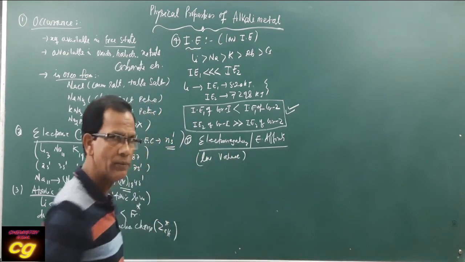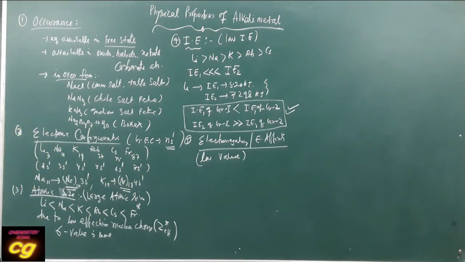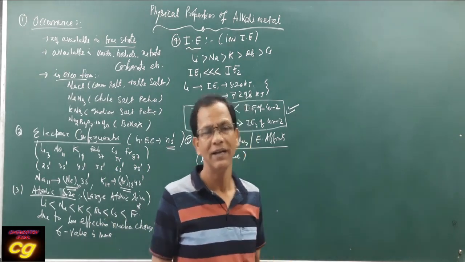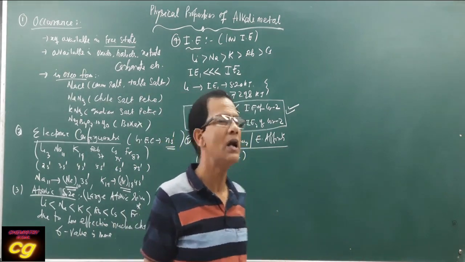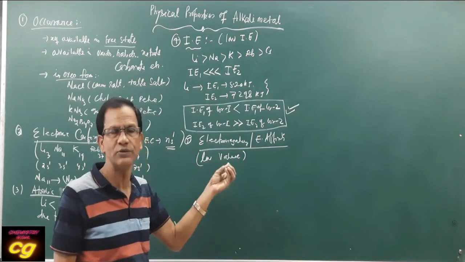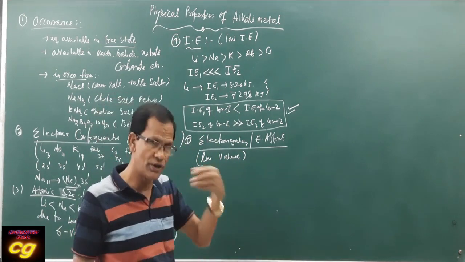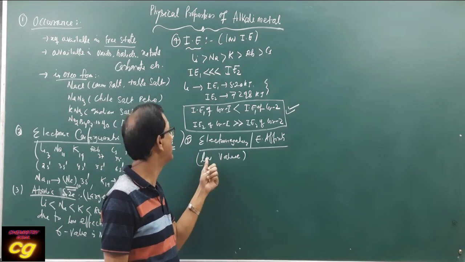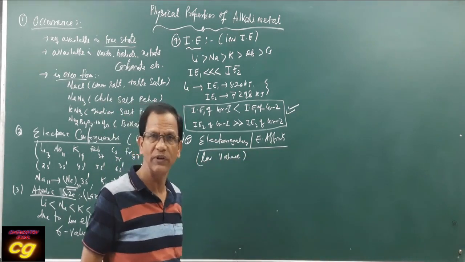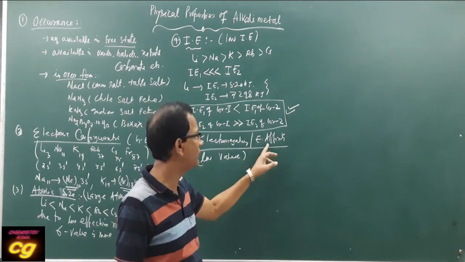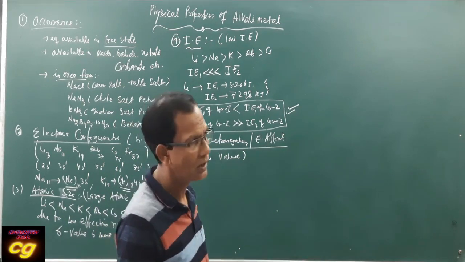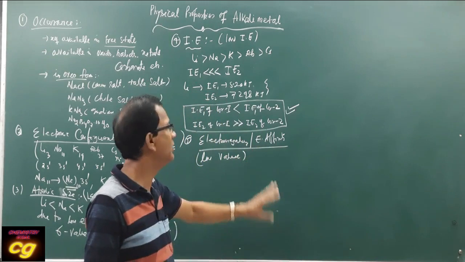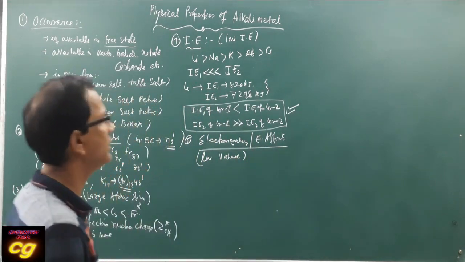Both electronegativity and electron affinity are low, because they have a tendency to lose electrons. They have no tendency to gain electrons. As they have a little tendency to accept electrons, under some conditions they may accept an electron. That's why the electronegativity is low and electron affinity also low. But the electron affinity of alkali metals is generally considered as zero. So very low electronegativity and electron affinity.